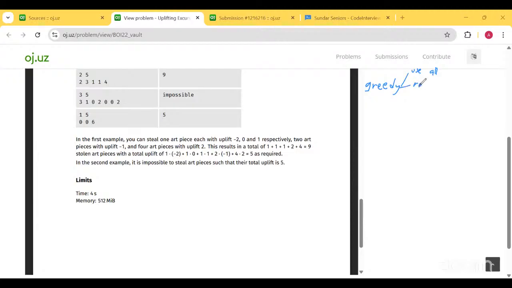We will remove from the largest. Just greedily remove from the largest, as long as it is still less than L or still greater than L.